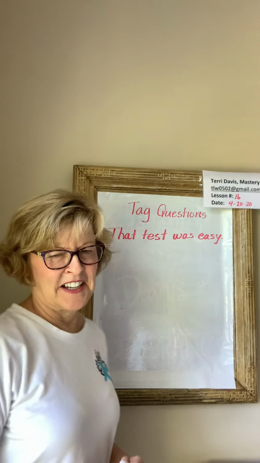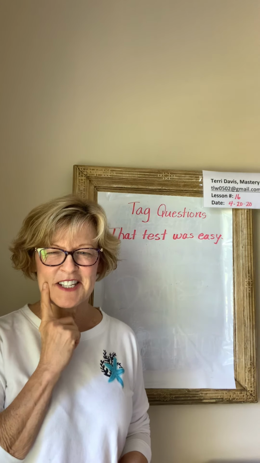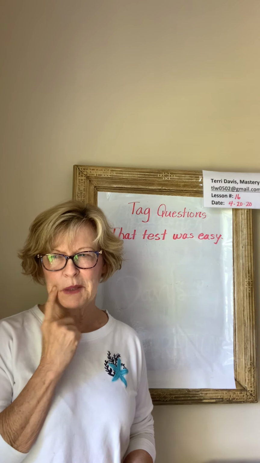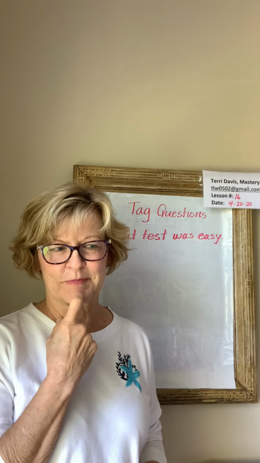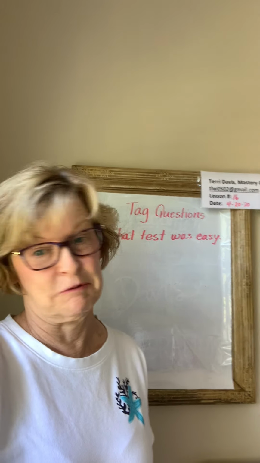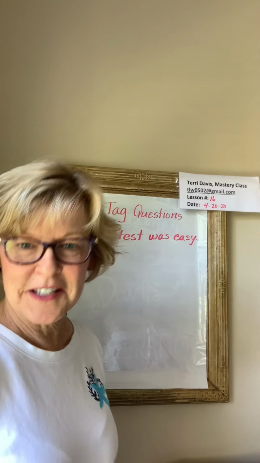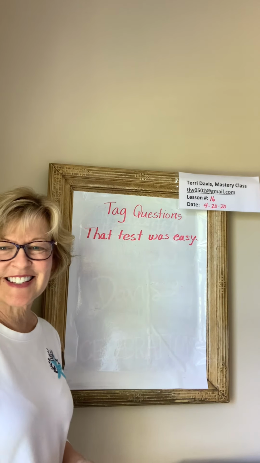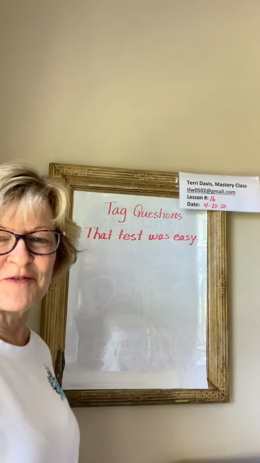If I'm thinking that the test was easy, but I'm a little worried because maybe it seemed easy, but I really didn't do so well after all. Maybe it just seemed easy and it really wasn't so easy. So I might turn this into a tag question.